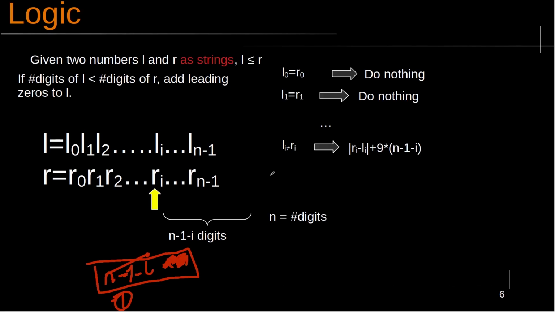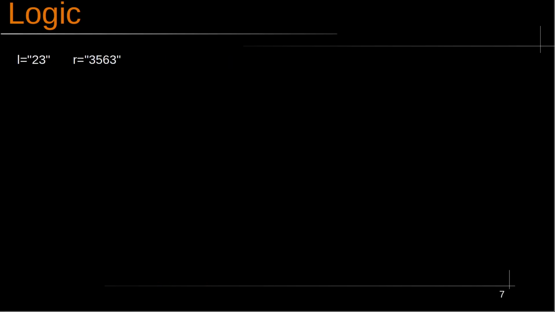The time complexity here is big O of the number of digits of R. Let's take an example. If L is equal to 23 and R is equal to 3563, we add leading 0s to 23 from the left, 2 zeros, because the size of R is 4, to have the same size.